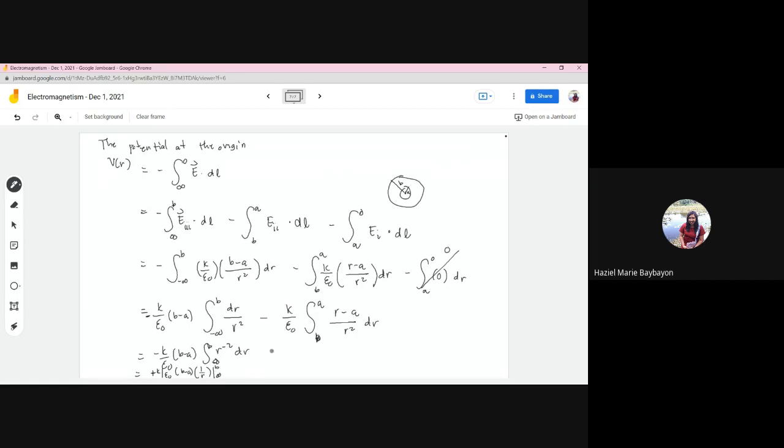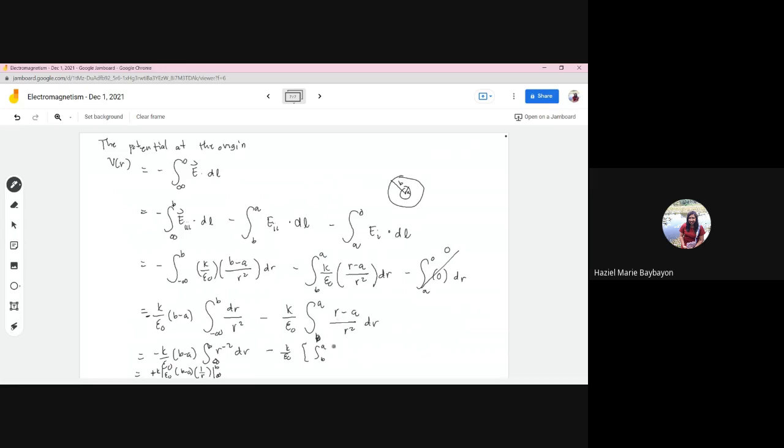Okay. And then, we continue with the second integral. So, k over epsilon naught. This one we can separate. So, we have b to a.